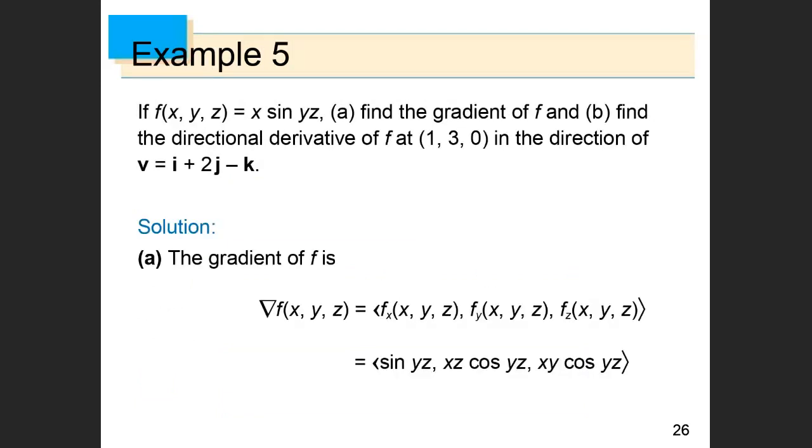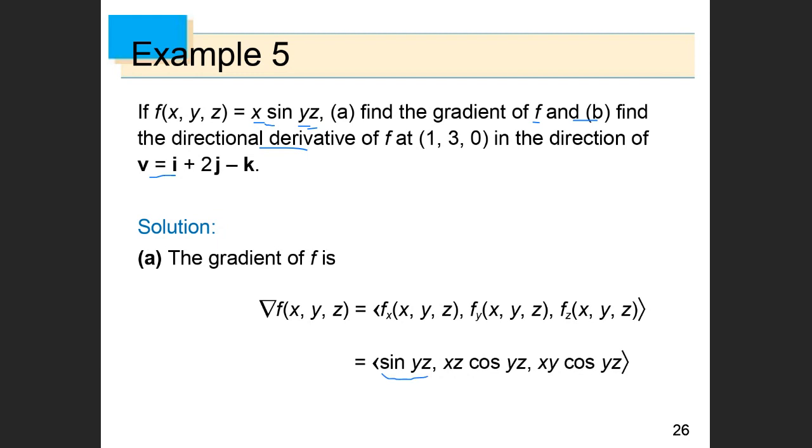Let's continue here from example 5. We have f(x, y, z) equal to x sin(yz). We solved this case at the end last time. We wanted to find the gradient of f and the directional derivative at (1, 3, 0) in the direction of v equals (1, 2, -1). First, the derivatives: if you differentiate with respect to x, you get just sin(yz).